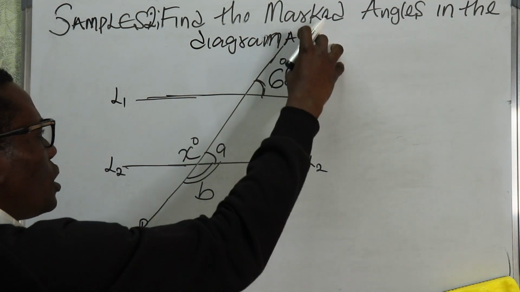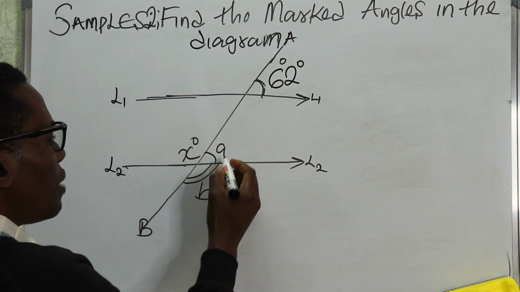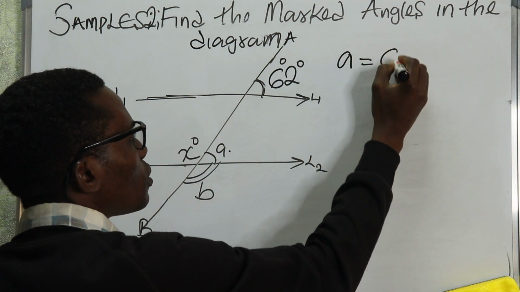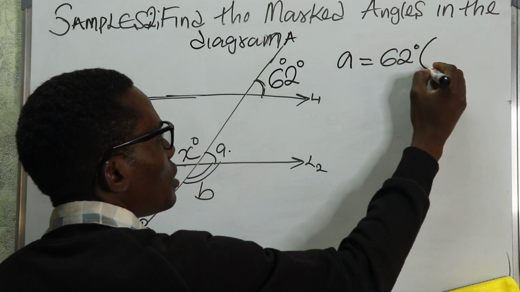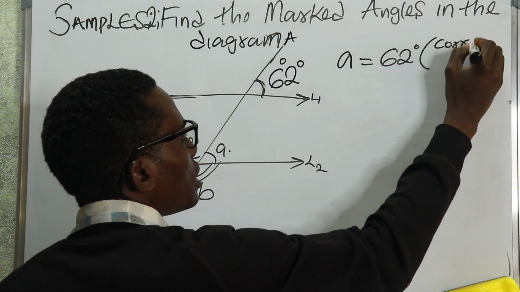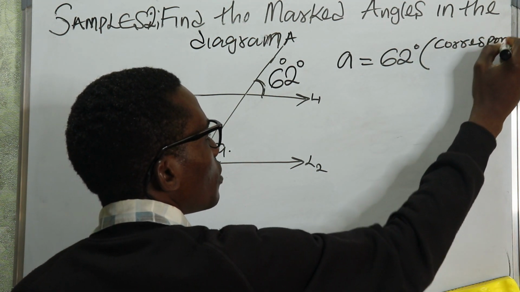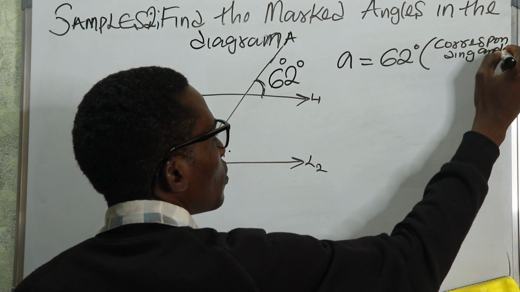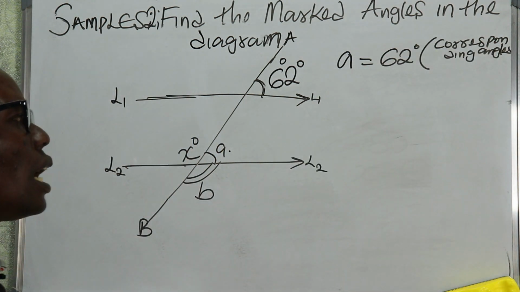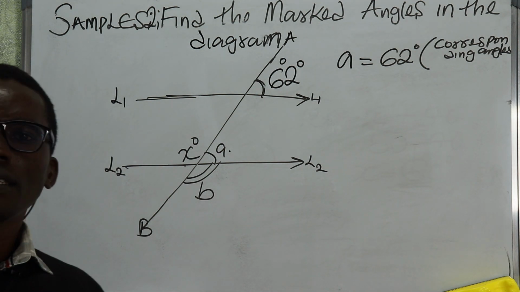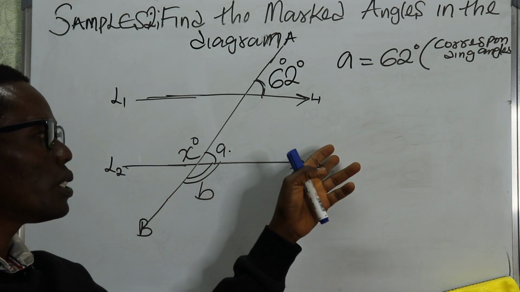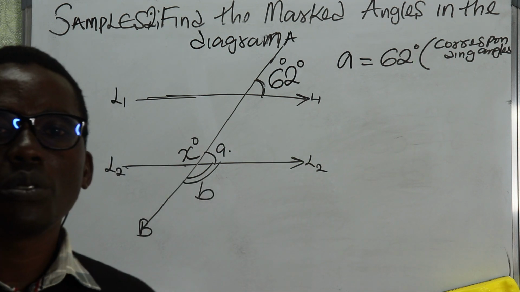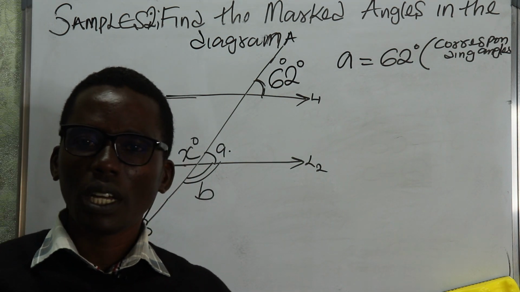On this position, which is the same position as this one, do we have an angle? Yes. So that means A is equal to 62. And what is the reason? They are corresponding angles, because they are in the same position but they are on different what? On different lines.